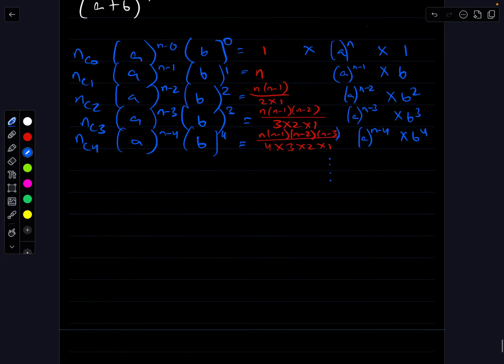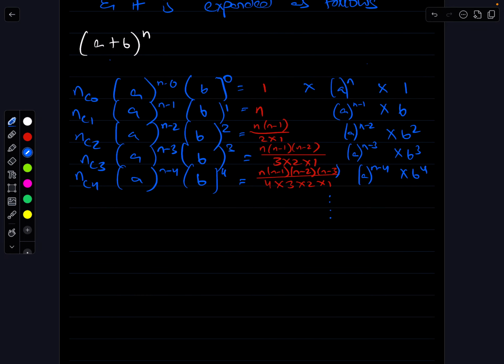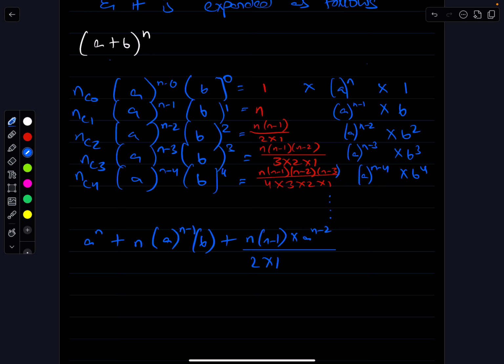Thus, the expansion of this thing can be written as a^n. This is after simplification, which I showed you how, and the third term would be nC2, multiplied by a^(n minus 2) and b square.